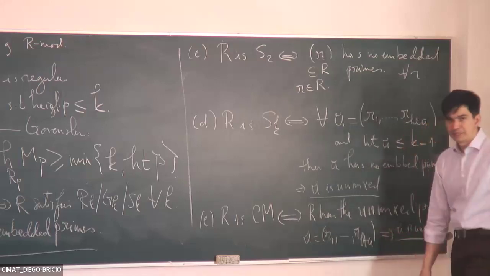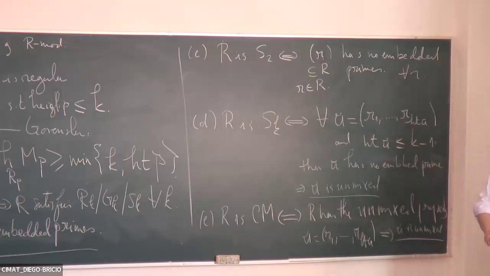The property of being unmixed means two things. It means that it has no embedded associated primes, and that the minimal primes that you have, the associated primes, they all have the same height. So it is equidimensional. If you think about what it means geometrically, it means that every irreducible component of the variety cut out by A has the same dimension, but also there are no embedded components.